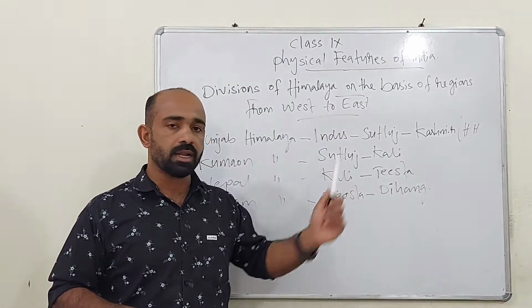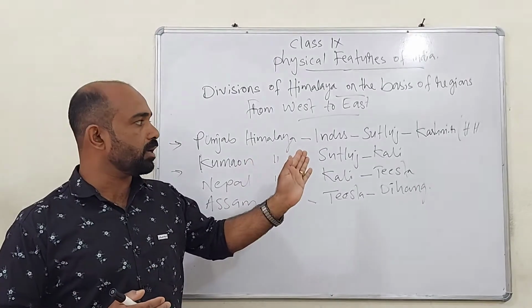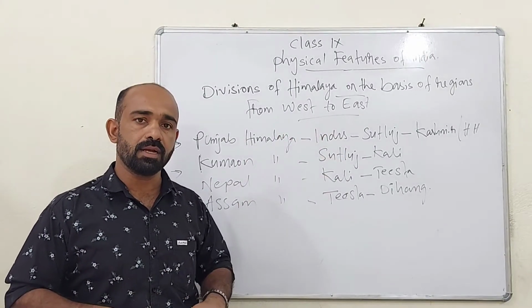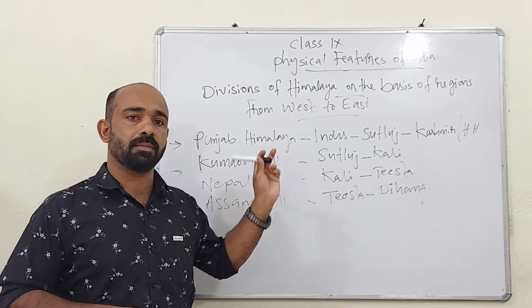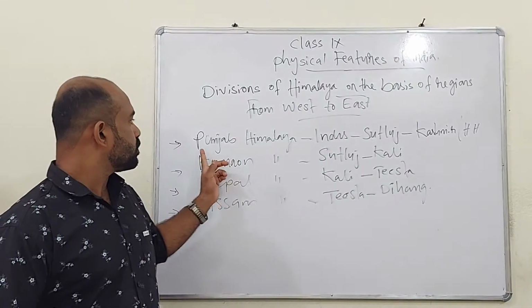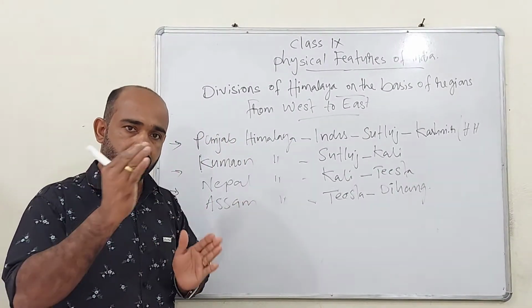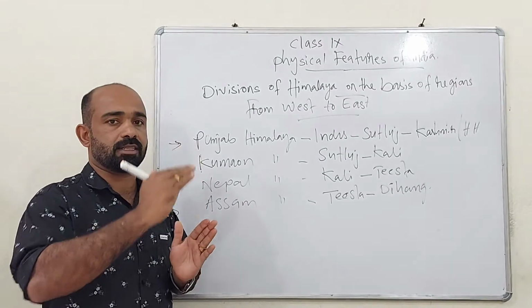And Punjab Himalaya has two portions. The western portion is known as Kashmir Himalaya, and the eastern portion is known as Himachal Himalaya.